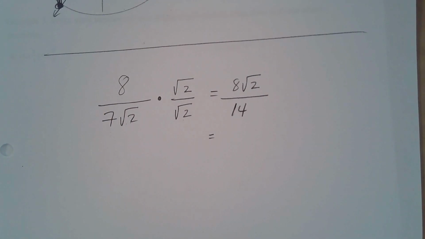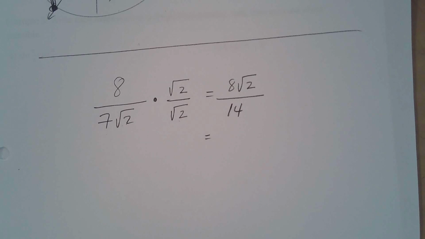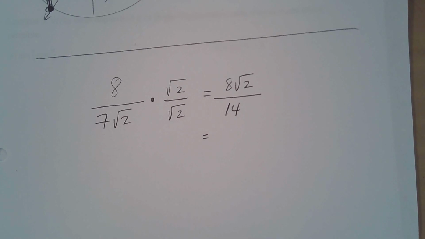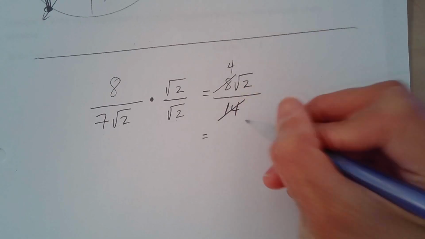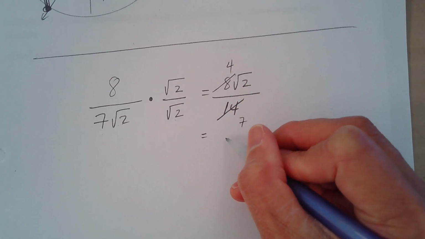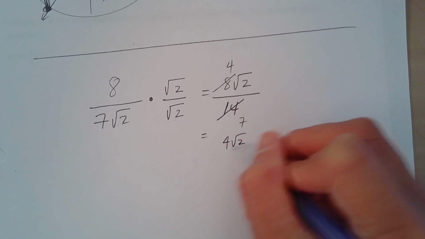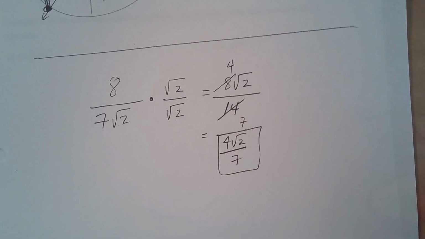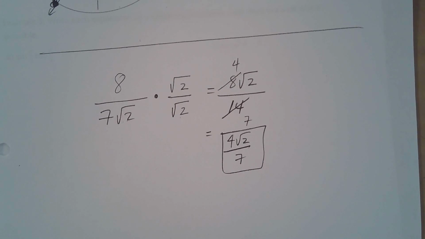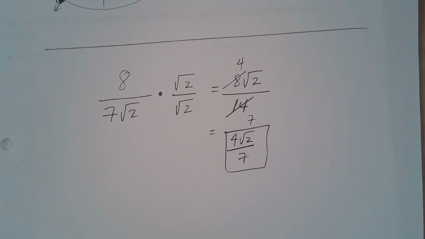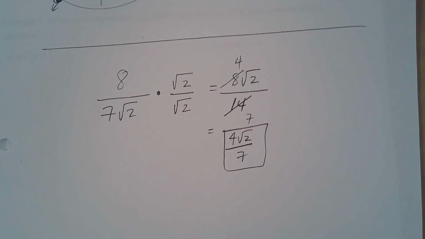And we could simplify that a little bit further. Divide by 2, so 4 sevenths. So 4 root 2 over 7. Yeah, if you wanted to rationalize it.